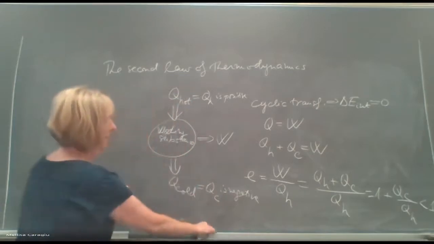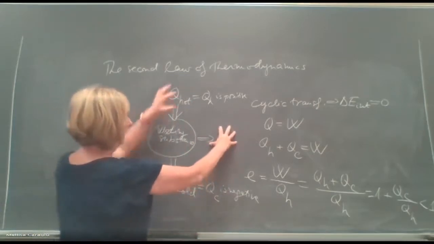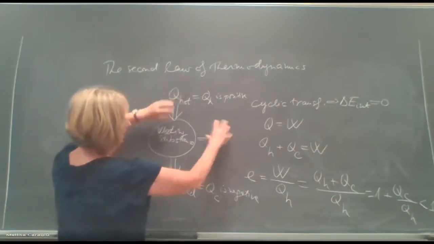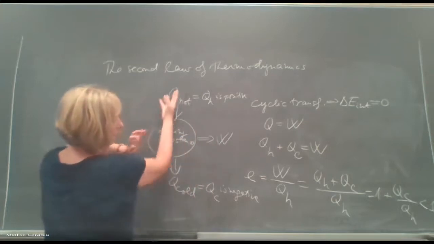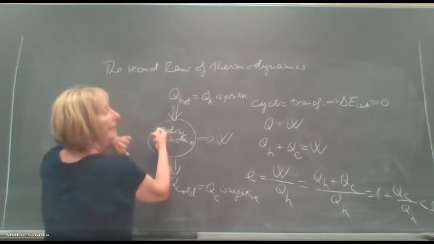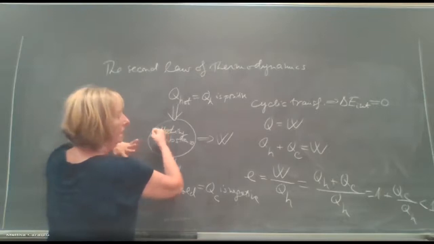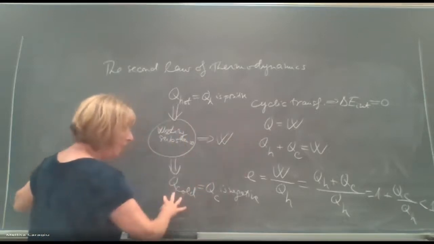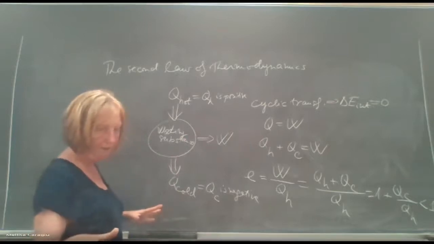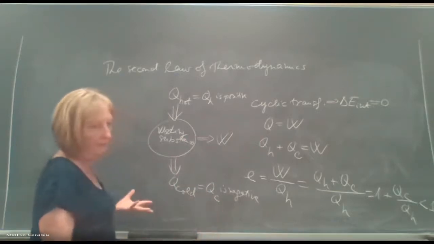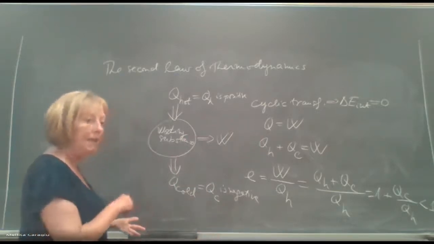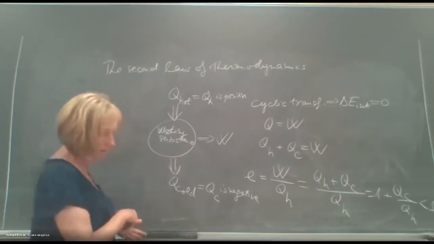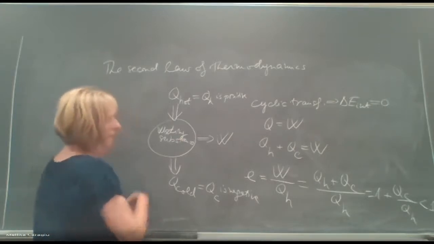So what's the understanding? If work equals Q hot, that means the working substance receives some heat and it transforms entirely into work. There is nothing expelled. That would be an ideal case, and it is literally impossible to achieve.